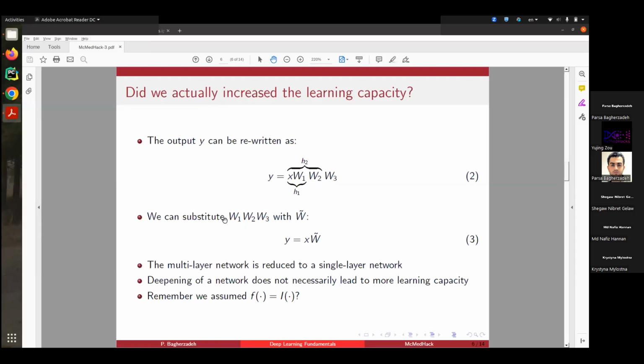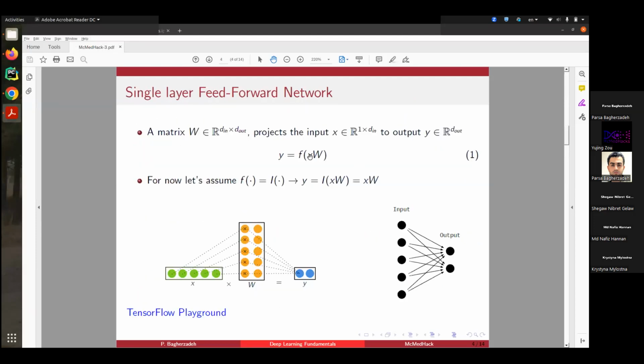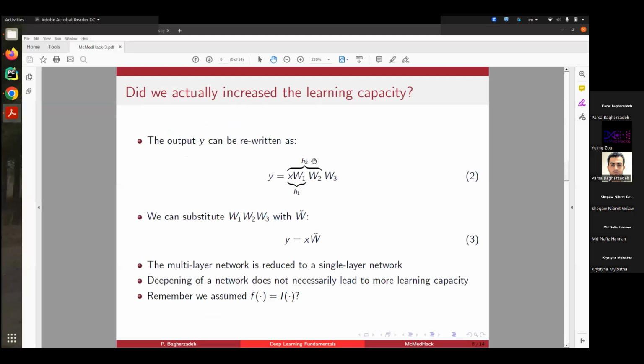We can substitute W1, W2, W3 with a W tilde, and we have this form: Y equals X W tilde, which is actually the form of a single layer net, right? This multi-layer network is reduced to a single layer network. And this shows that deepening of a network does not necessarily lead to more learning capacity.